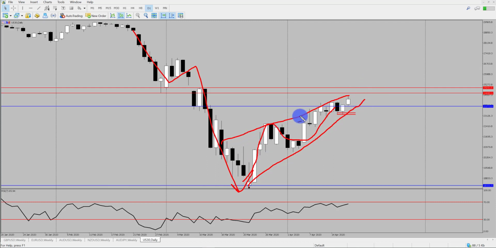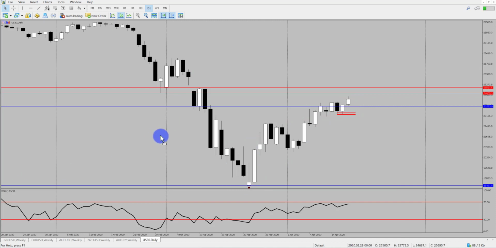Typically when you see these types of pullbacks after a large move has occurred, we get another impulse down. Now again, like I said in my video previously, I don't know whether we'll take out the lows or at least continue beyond the lows, but I think at least a retest of the lows is going to be on the cards. So I'm looking for any kind of breakout situations here, looking for those 4-hour charts to move as well.